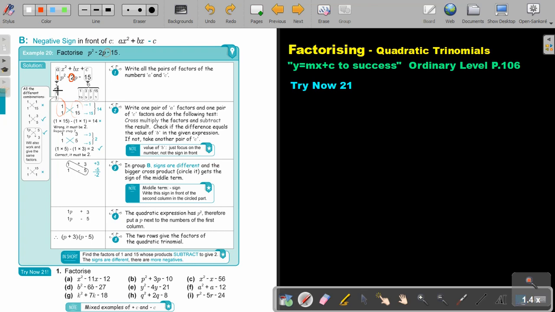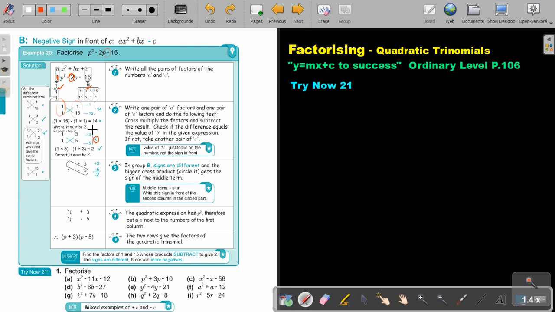Let's try another one. I take 3 and 5. If I cross multiply, that's going to be 5, that's going to be 3, and 5 minus 3, big one minus small one, is 2, and that's exactly what stands there. So the combination is correct.